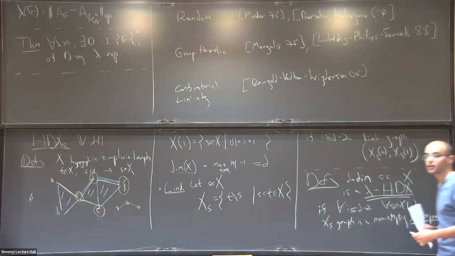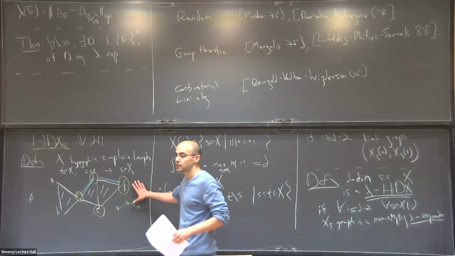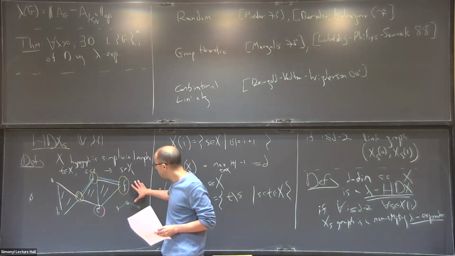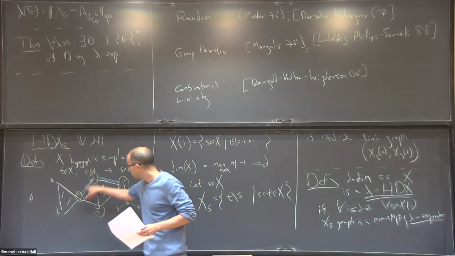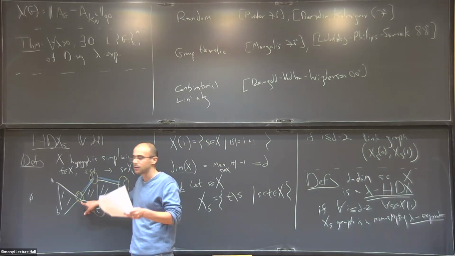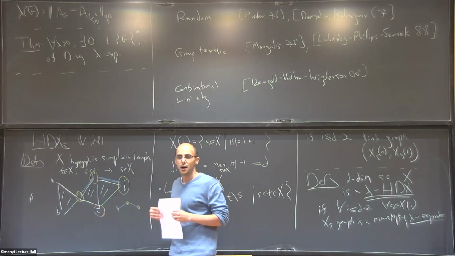To be very explicit, if I look at a two-dimensional simplicial complex, I'll call it a lambda expander if the link of every vertex is an expander, because D minus 2 is 0, which means the vertices.